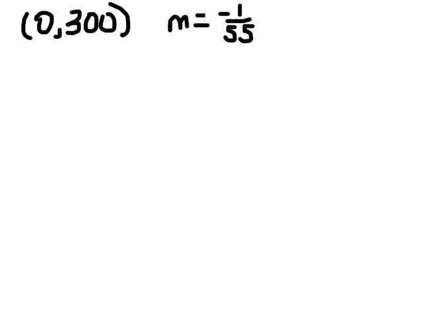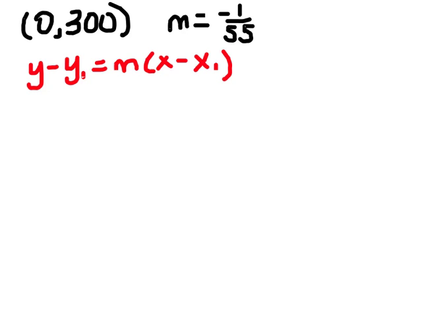If I have the equation y minus y1 equals m times x minus x1, I'm just going to use what we had in that green box on the previous page because I like it better. It looks more like something you'll see and recognize later. You notice I've got something to plug in for x1 and y1. Well, this is one point they gave me, so I could label it this way. This is the x of the one point they gave me, and this is the y of the one point they gave me.